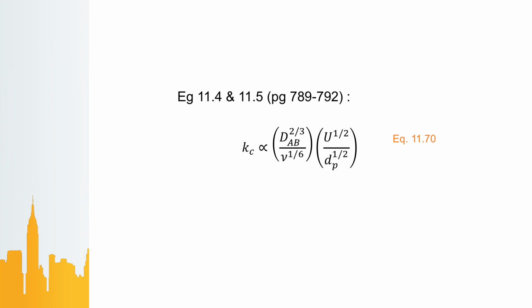For examples 11.4 and 11.5 in your textbook, pages 789 to 792, you will solve the examples by using this correlation for Kc, where Kc is directly proportional to velocity and inversely proportional to particle size. We discussed this during the early chapter on mass transfer in a single particle.